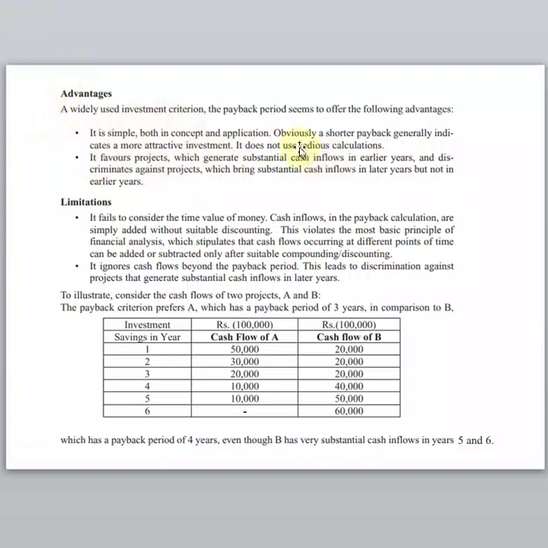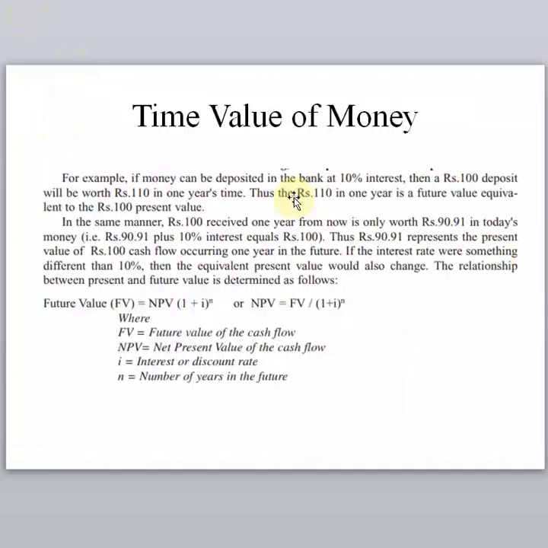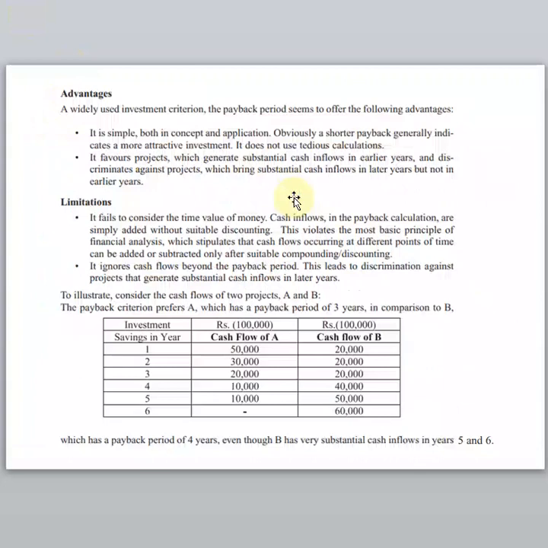Obviously, by using this technique, if the simple payback period is less, we can choose the project. If it is high, we can avoid it, so our money will be saved. A shorter payback generally indicates a more attractive investment, and it does not use tedious calculations.